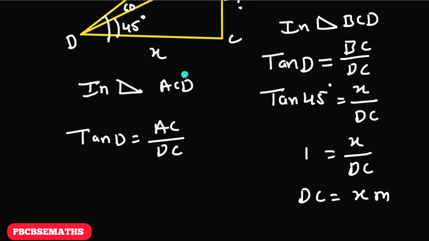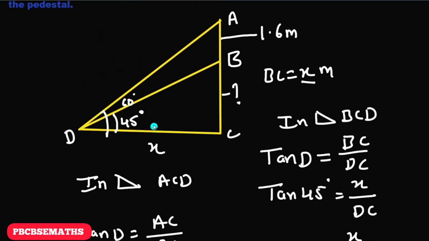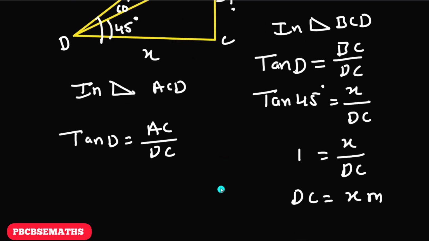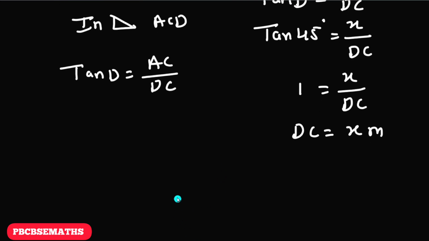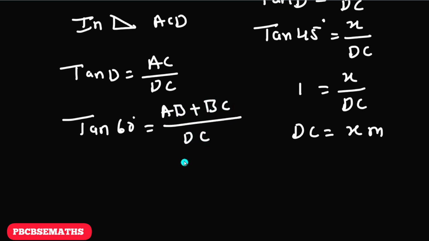For this angle D in the right angle triangle ACD, the opposite side is AC and the adjacent side is DC. So tan D is equal to AC by DC. Here the angle is 60 degrees. So tan 60 degrees is equal to AC, which can be written as AB plus BC, divided by DC.